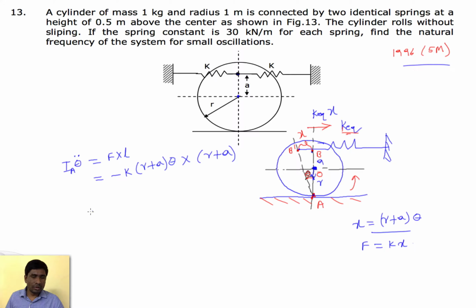And here we need to calculate IA. IA equals, using the parallel axis theorem, IO plus m into OA square, that is R square.